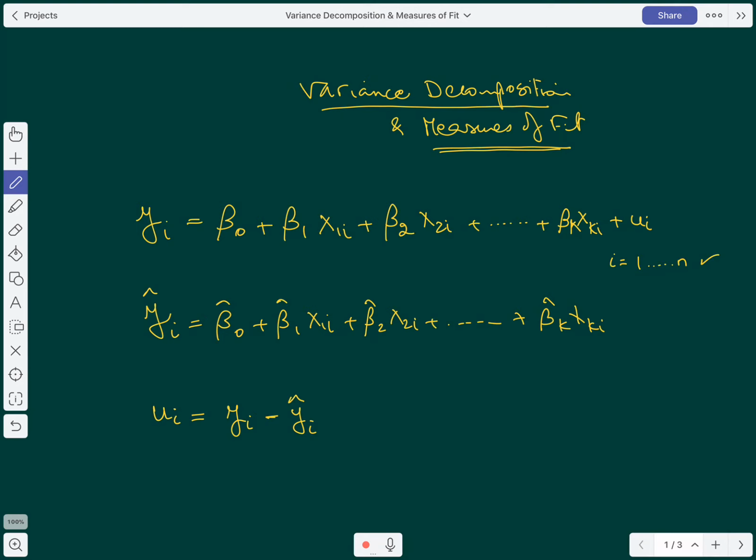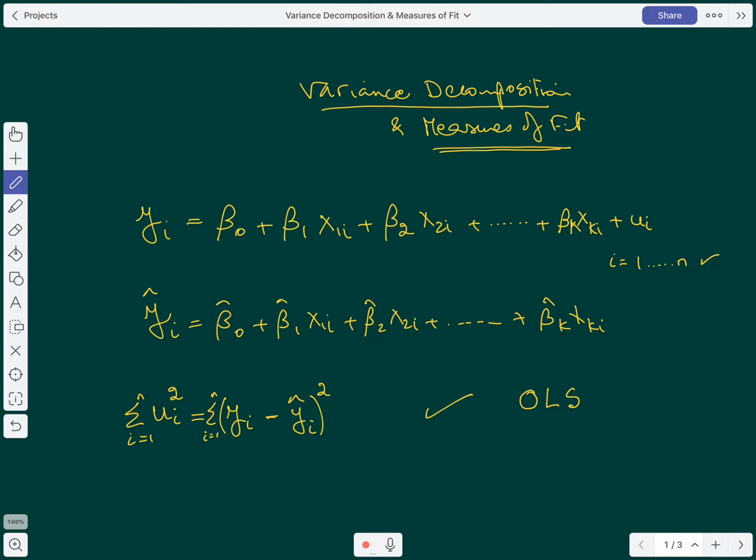In other words, we basically want the sum from i equals 1 to n of the squared error term, which is equal to the sum from i equals 1 to n of the squared deviation between the observed and the estimated value of y. So the main idea is to minimize the sum of the squared deviations, and that's basically the idea of ordinary least squares.